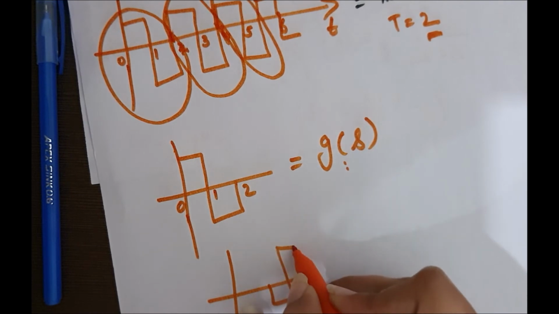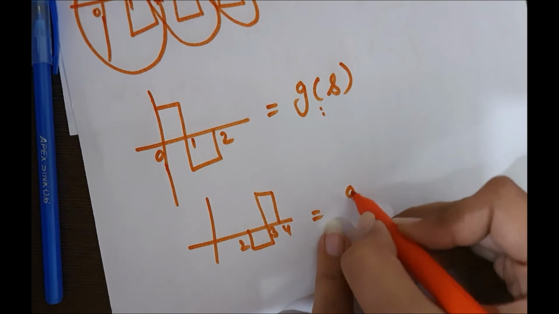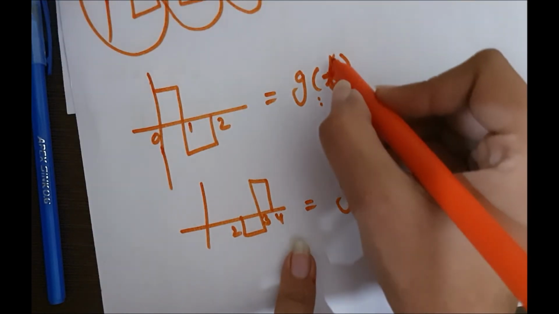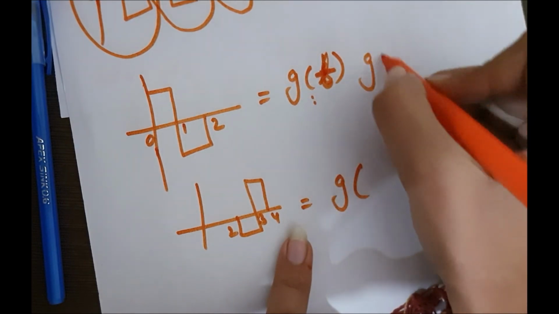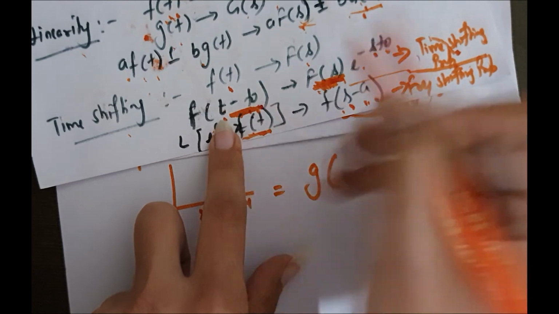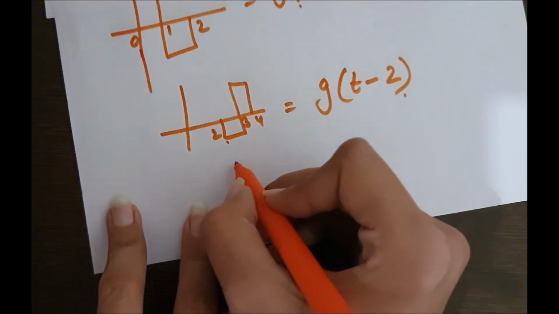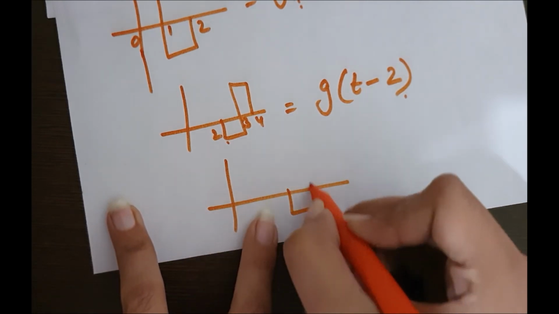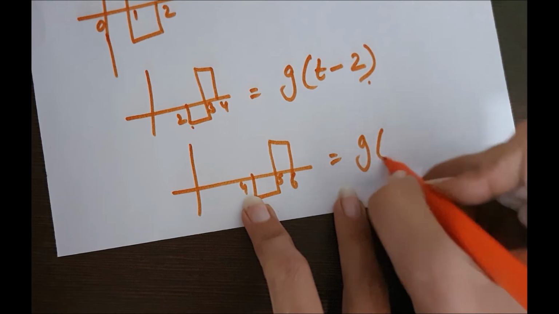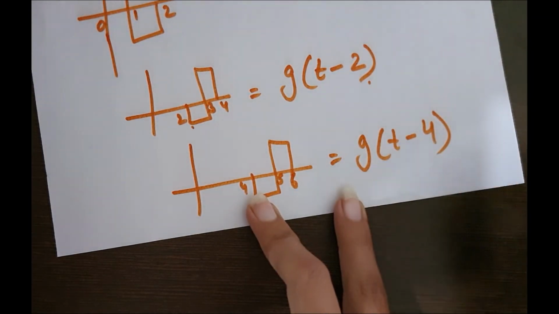It is repeating itself after 2. Now this is g(t), in the time domain. This is g(t), and this is g(t minus t naught). Here t naught is 2. And like that, this will be g(t minus 4), and so on.